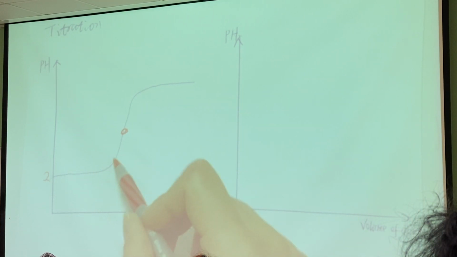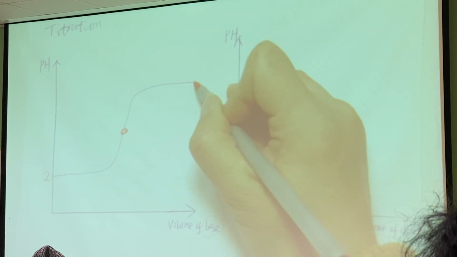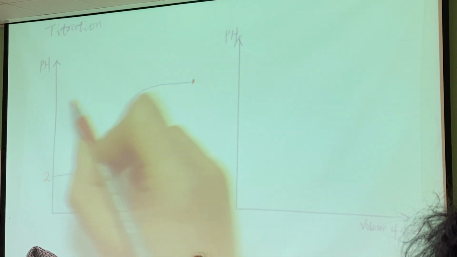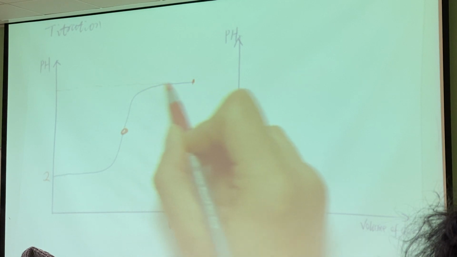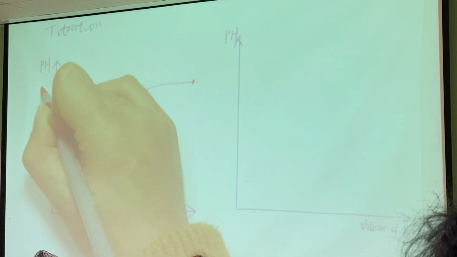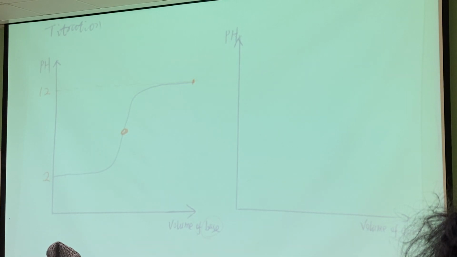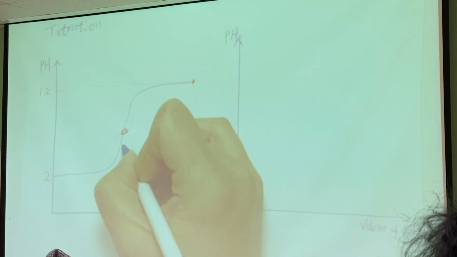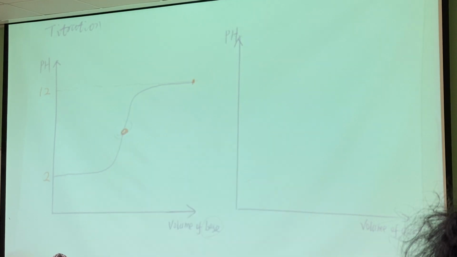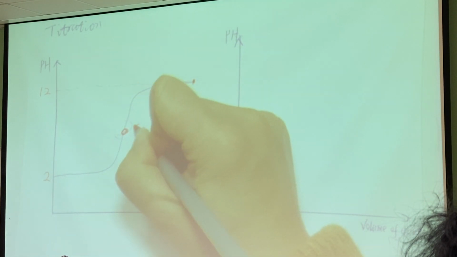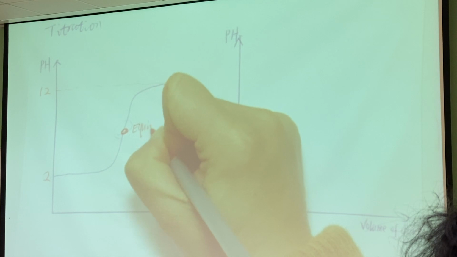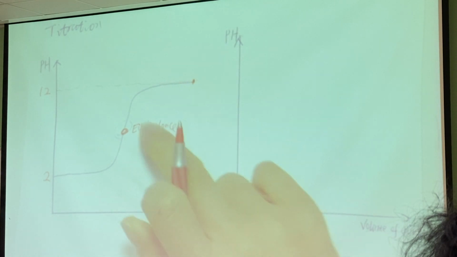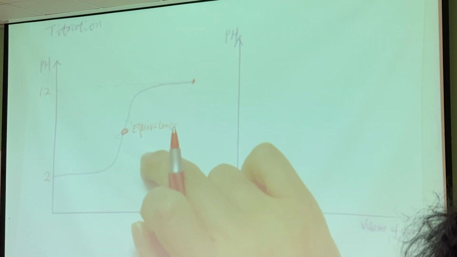You keep adding base, and eventually you get a lot of base, so your pH is about 12, or even higher, maybe 14. In between, we call it the equivalence point. This point is very important. That's your jumping point in a titration experiment.